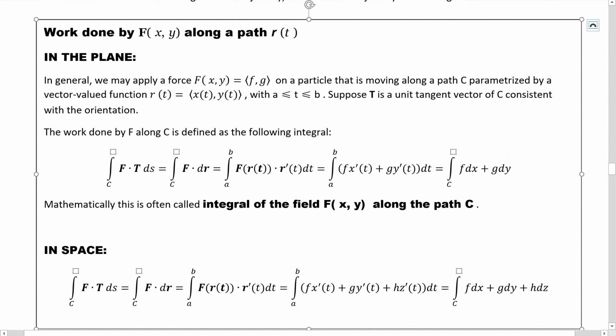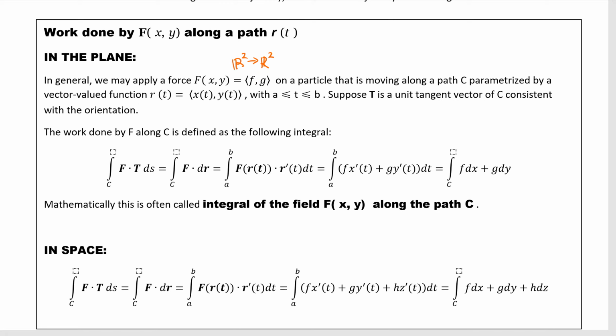Let's look at the formula in the plane. In general, we may apply a force F(x,y), a vector valued function from R2 to R2, whose component functions f and g are scalar valued functions.